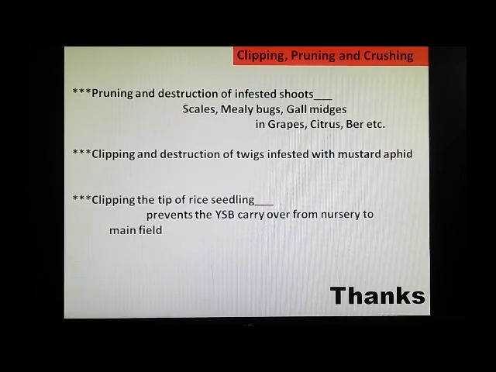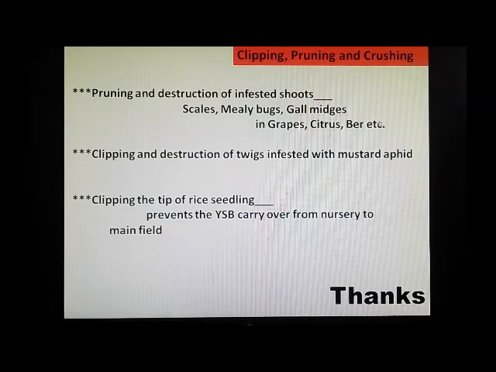Then clipping, pruning and crushing can also help in suppressing the pests. For example, pruning and destruction of infested shoots actually can suppress the scales, mealybugs, gall-midges, etc. in grapes, citrus and ber.